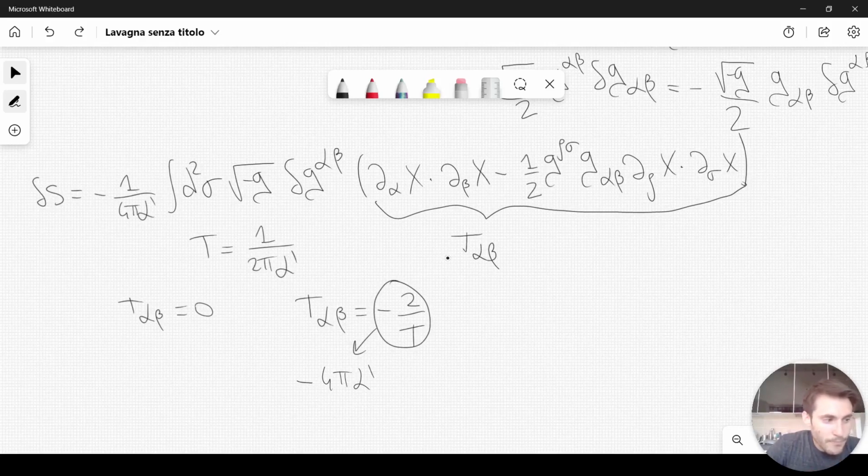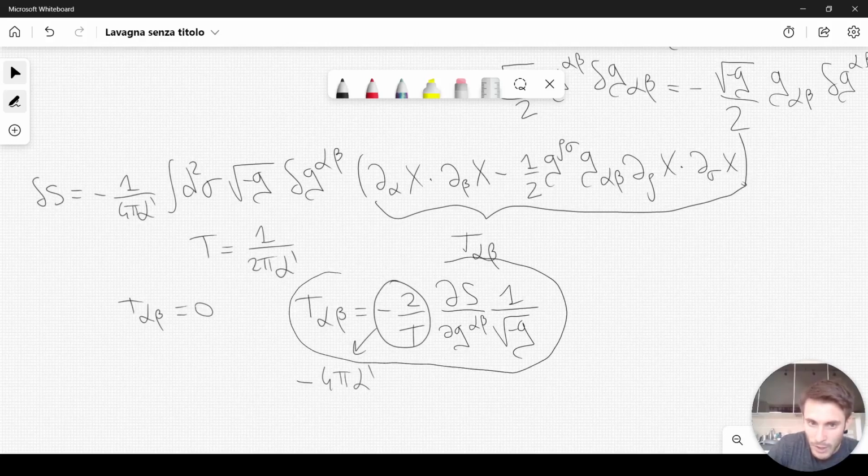Then we have the derivative of the action with respect to g^{αβ} with upper indices, and then we multiply by 1 over the square root of minus g. From general relativity, this kind of definition is used to define the stress energy momentum tensor, or simply stress energy tensor or energy tensor, also energy momentum tensor.